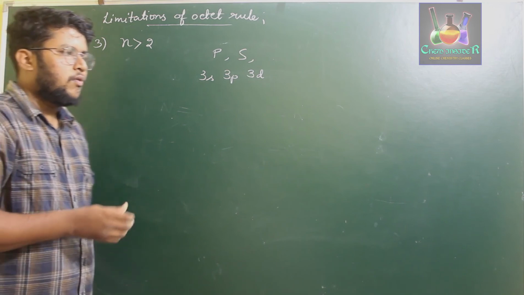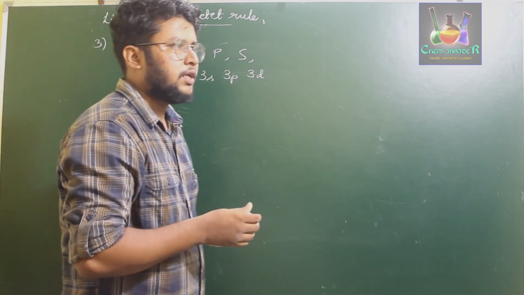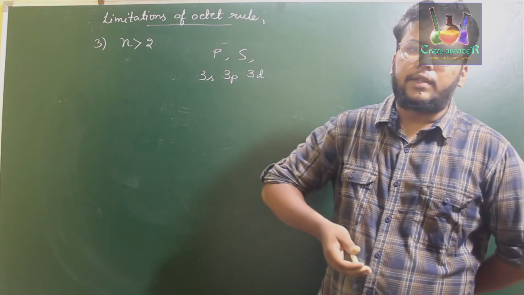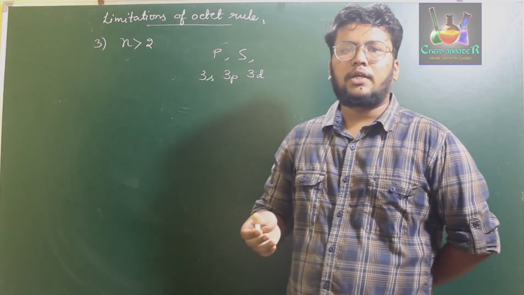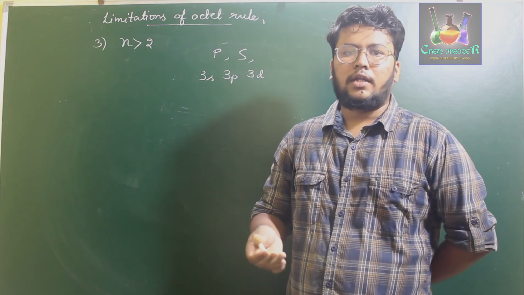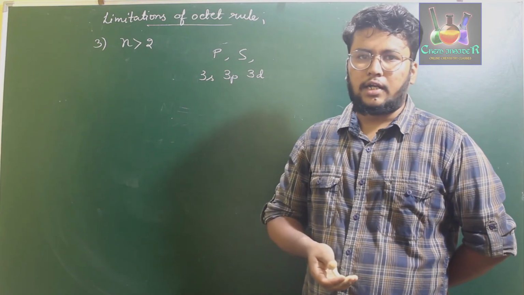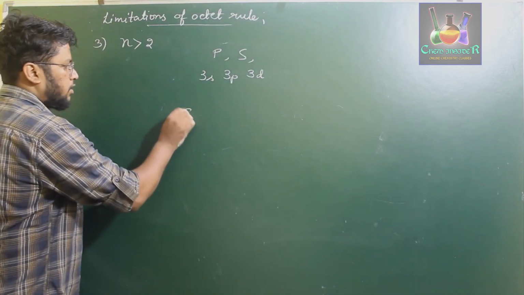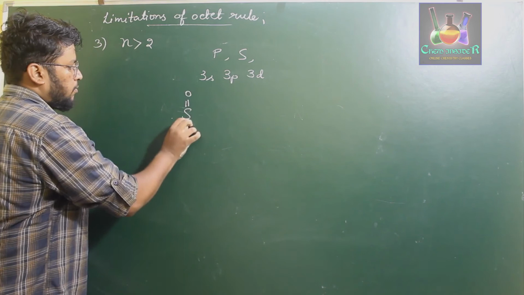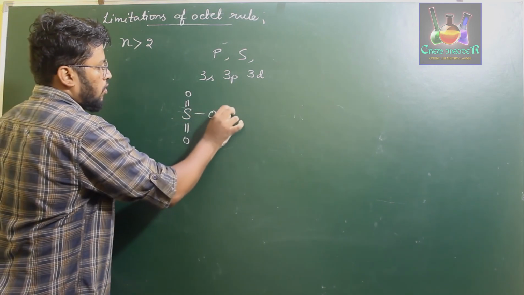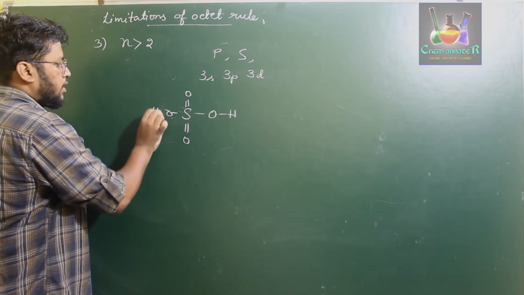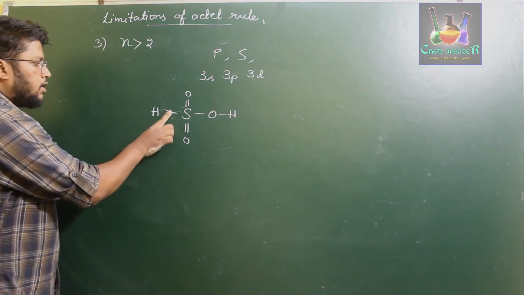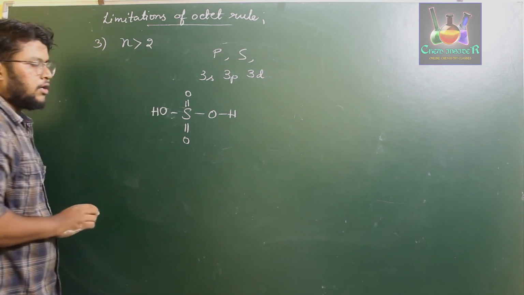That is because when you consider certain elements of periods greater than 2, they have empty orbitals. When they are bonding with certain elements, they will be carrying a number of electrons greater than the actual 8 electrons. For example, if you consider the structure of sulfuric acid, S double bond O, double bond O, OH, OH, here the sulfur atom has 12 electrons around it.